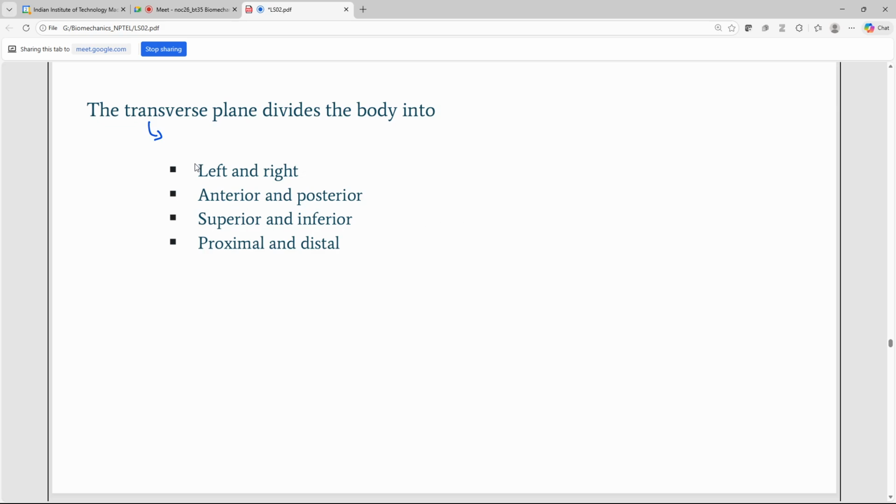So we have a medial axis, or craniocaudal axis. The plane perpendicular to that axis is called the transverse plane. This is our coronal plane.